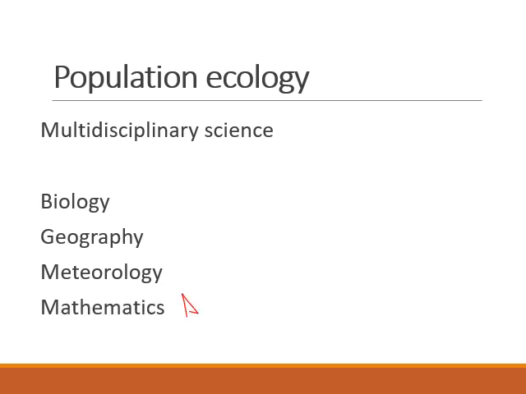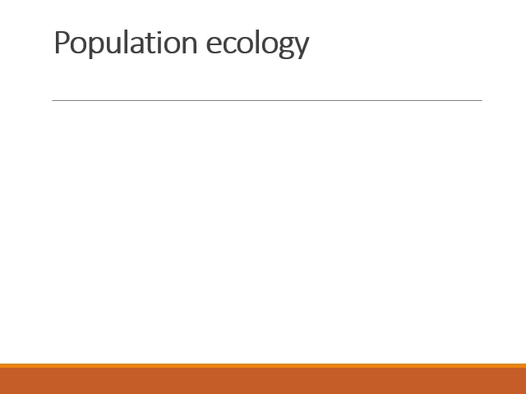It has a pretty heavy focus on mathematics, which I know some of you are not big fans of, but mathematics comes into play heavily, and we end up doing a lot of what are called models to understand the distribution and what the population actually looks like, because it's not always practical to count every single individual in a population or in a community, so you have to model it sometimes.